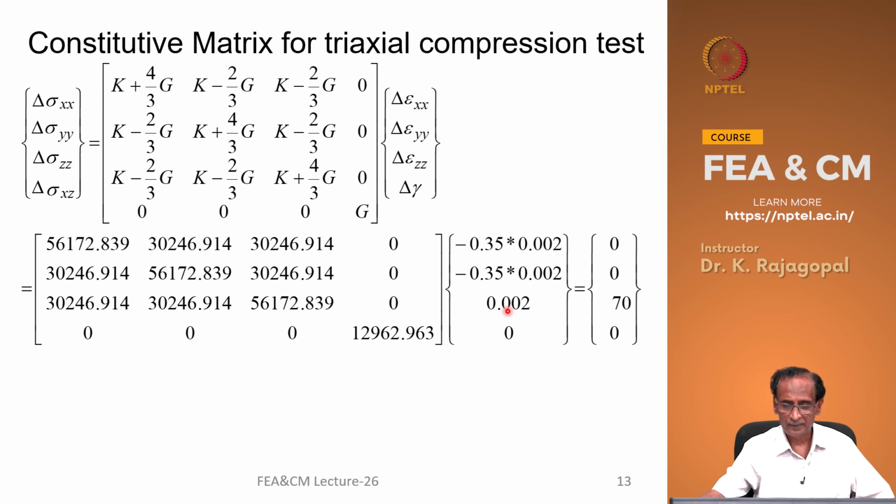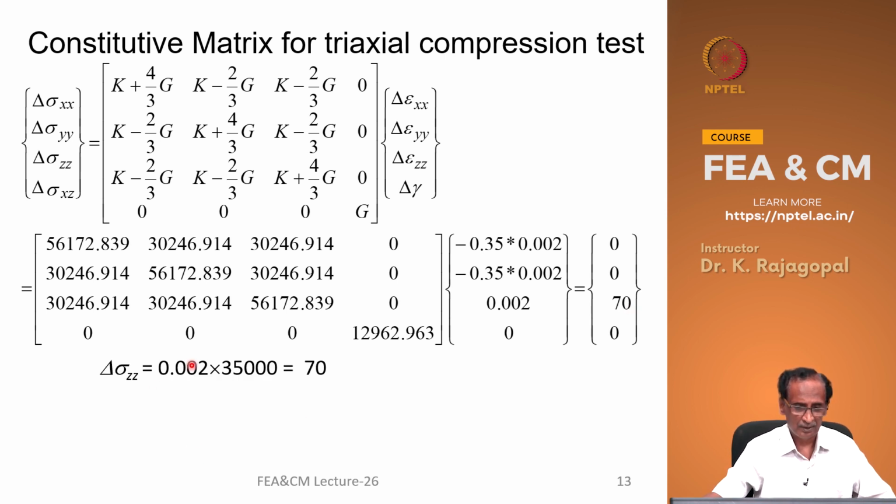So, we have minus, and if you do this, our radial stress increments are coming out as 0, and the axial stress increment is 70. Actually, that delta sigma z is simply E, the Young's modulus given as 35,000, multiplied by delta epsilon z of 0.002, that is 70. That shows that all the calculation we have done is correct.